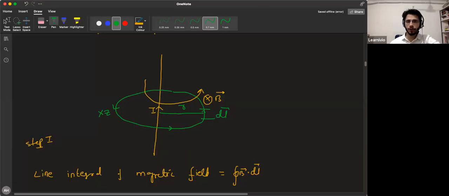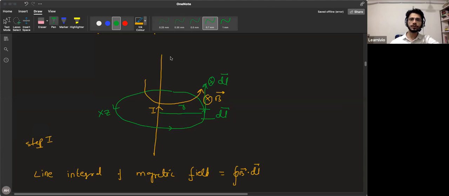So if you take a line element, it's going in this way, inwards. So magnetic field is also inwards. This dl is also inwards.